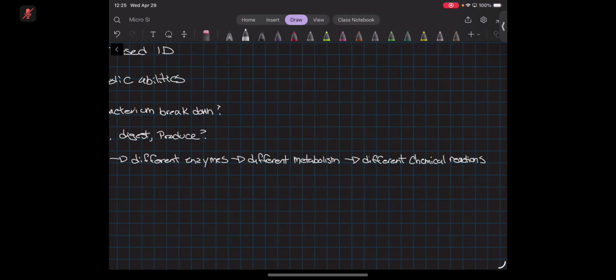And those different chemical reactions are from our biochemical results.